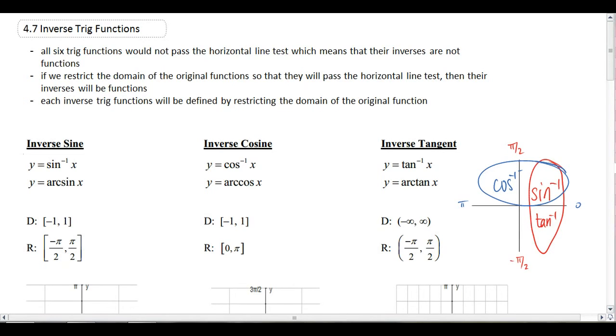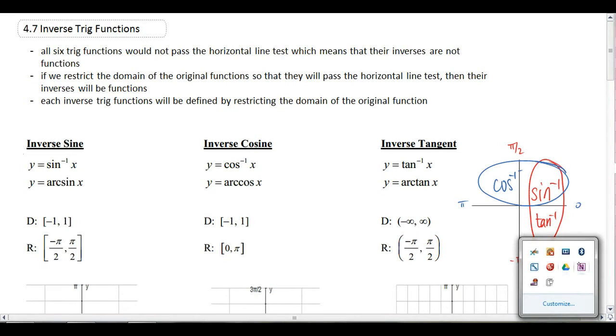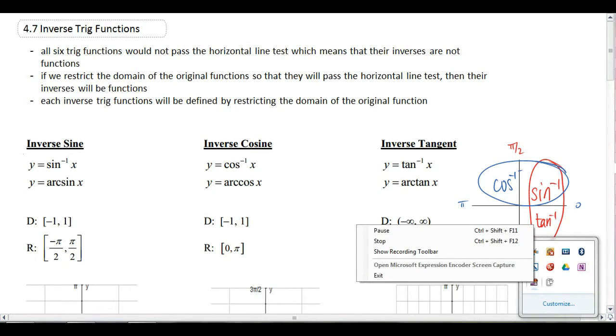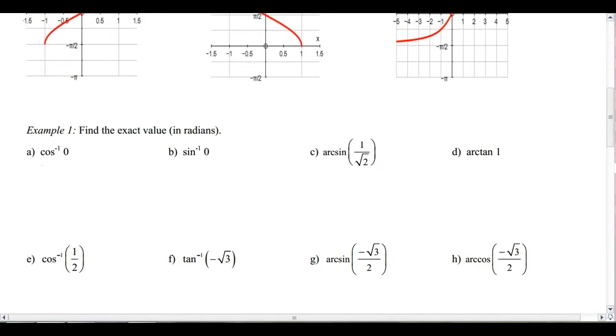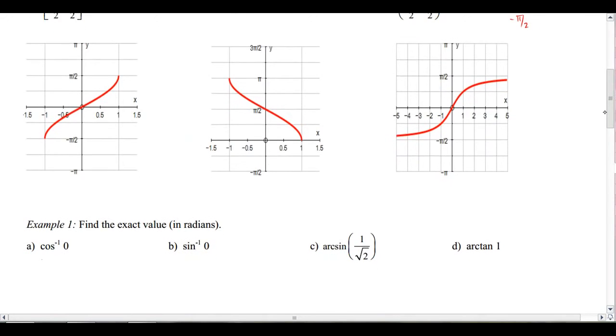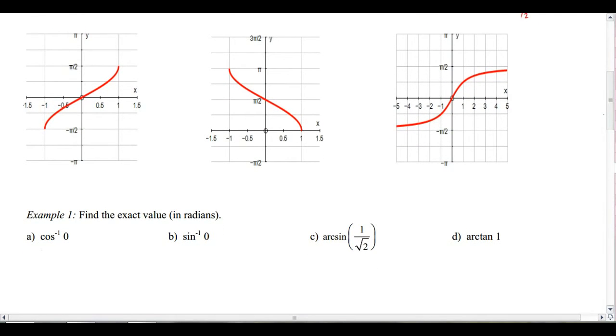We had to restrict its domain so that the inverse could actually be a function. Now with that being the case, we should be happy enough to know that we can solve many inversing problems. So there are the graphs, and now we will look at how we solve these inversing problems.